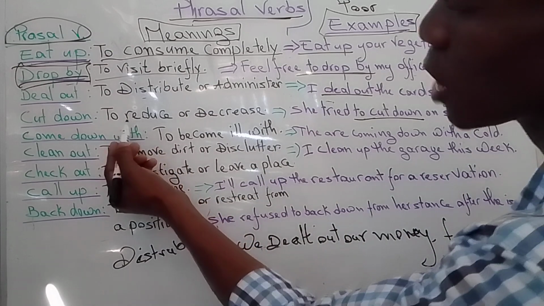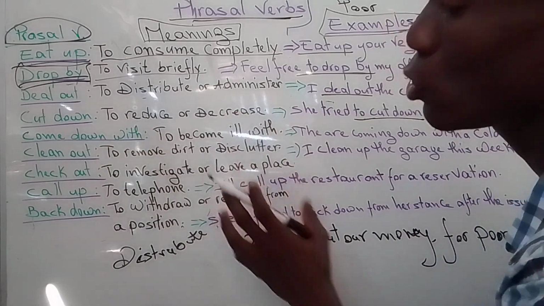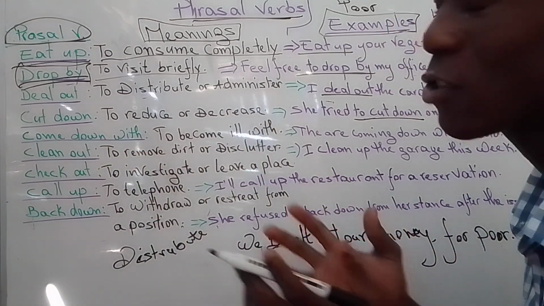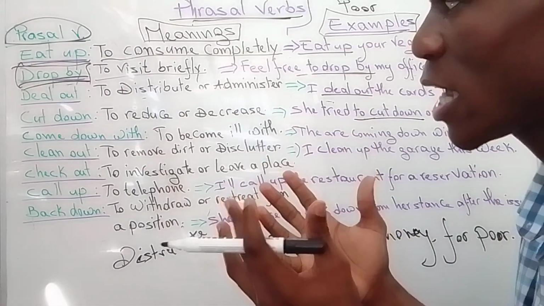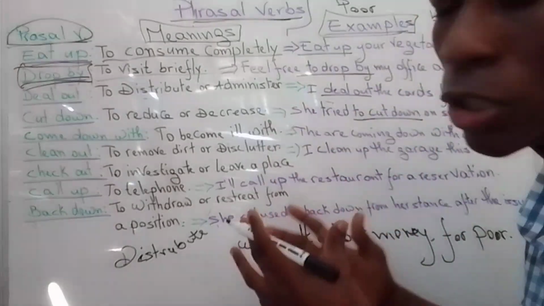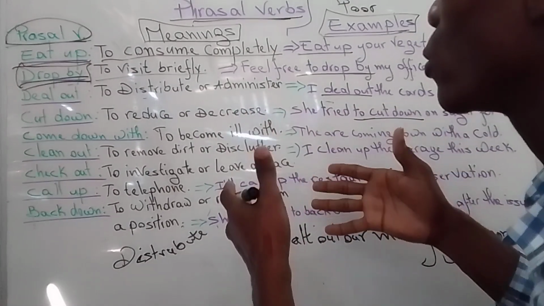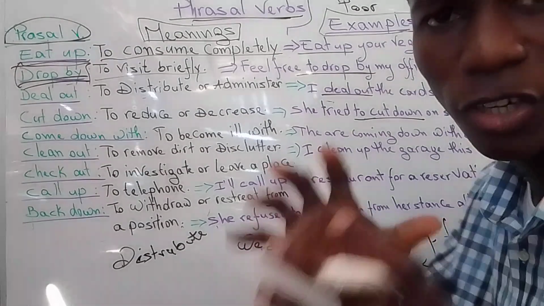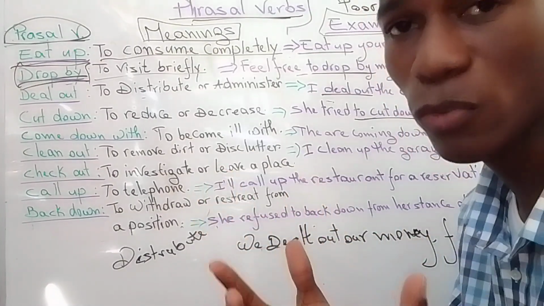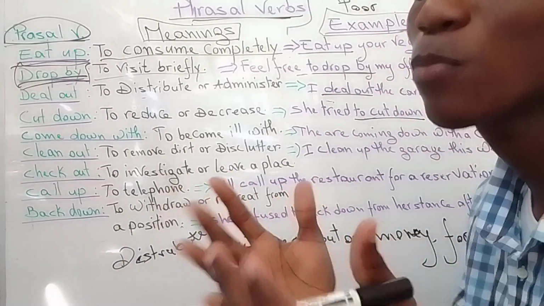That means she tries to reduce or decrease sugar. So pay attention to this because it is really important, guys. Put your eyes on the board and make sure you follow these steps with phrasal verbs, because when you speak English using phrasal verbs, you sound professional in English.